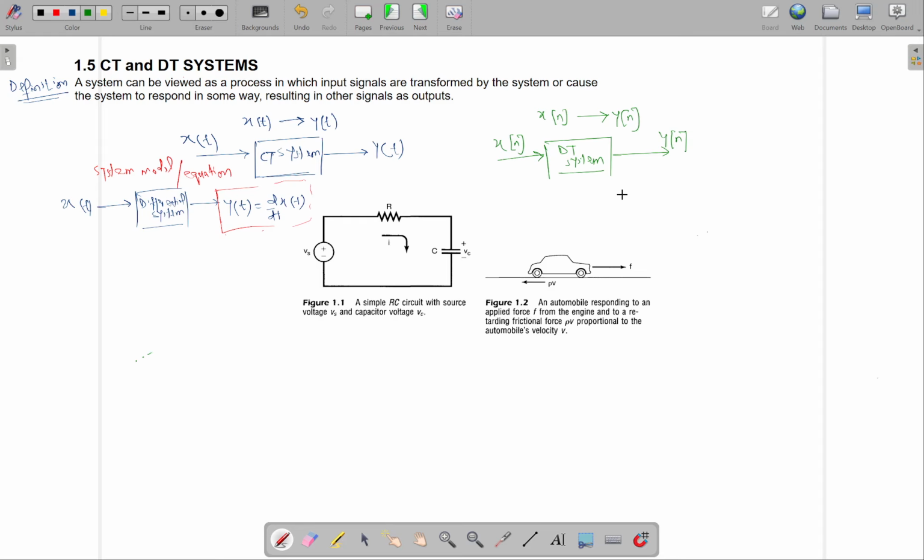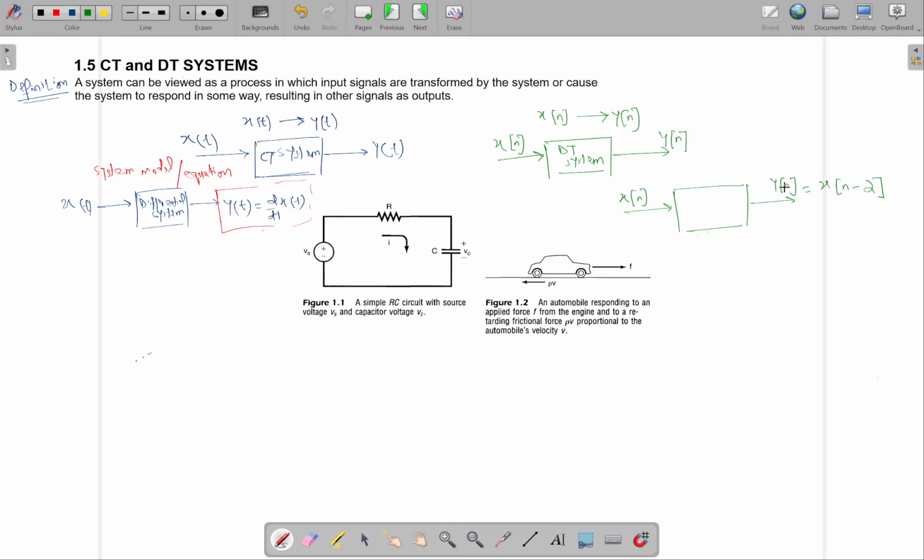Okay, so let's take another example of the discrete time scenario. Let me write the system first. Let's say my output y of n is equal to x of n minus 2. Now this particular system is essentially shifting my signal towards the right by 2 units.